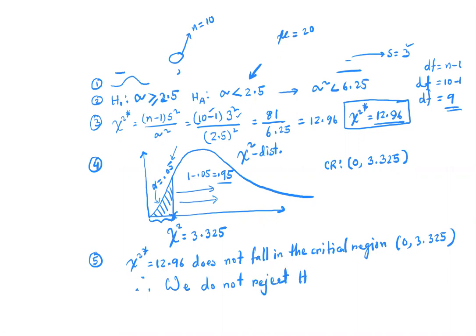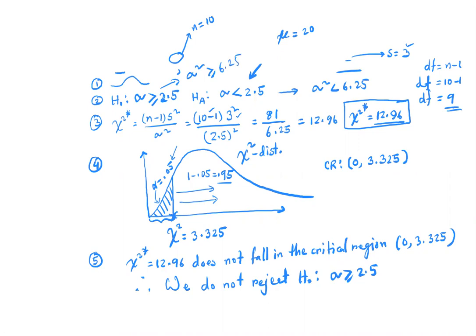Reject the null hypothesis that sigma is greater than or equal to 2.5. Okay, so technically we do not reject. This is the equivalent of sigma square being greater than or equal to 6.25.